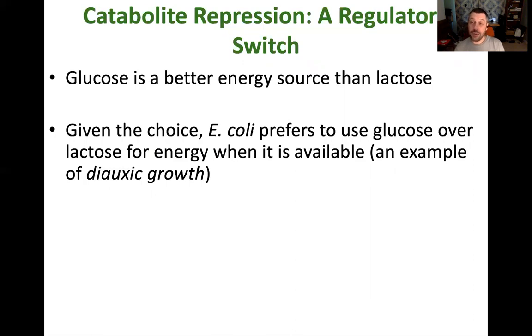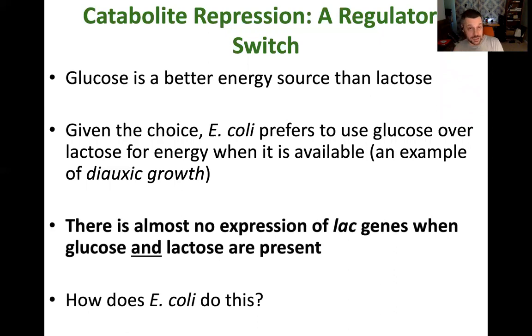So if I was drinking this cup of tea and it had milk in it, but it also had glucose in it, then I'm going to flood the cell's environment with two sugars that it could use, lactose and glucose. Now, given the choice, the cell would prefer to use glucose over lactose for energy. This is an example of something called diauxic growth, which just means the cell can choose to use different nutrients to grow, basically.